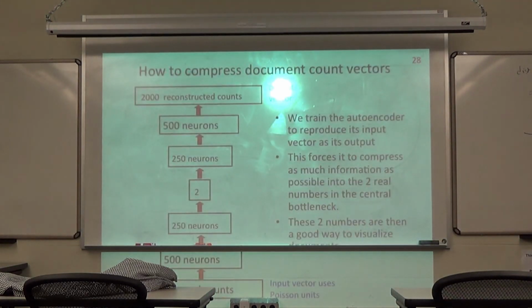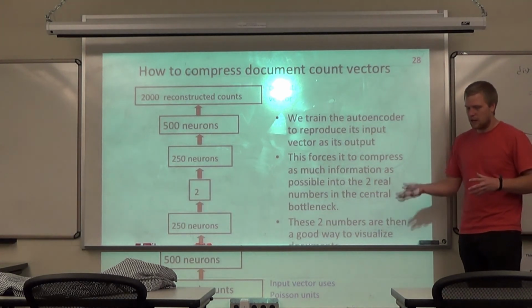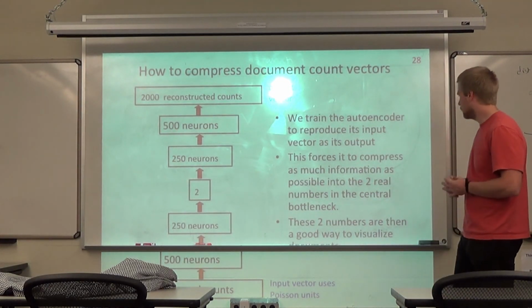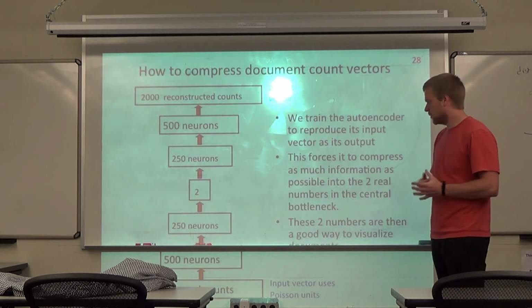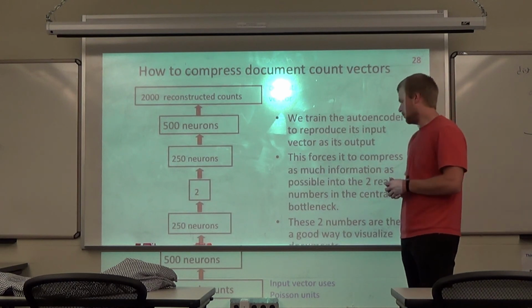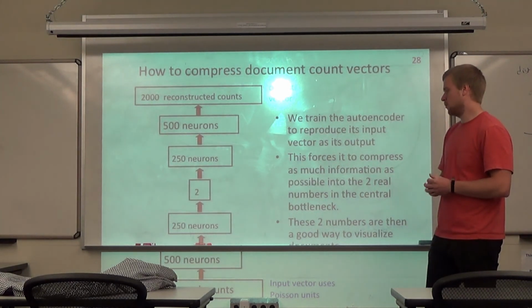So that's another thing you can do with deep belief networks. I think we did this in class. You could compress documents. There's this data set that consists of a whole bunch of documents on different topics from an internet forum about a decade ago or so. It's called Newsgroup 20, and what you do is you vectorize all the documents by word counts.